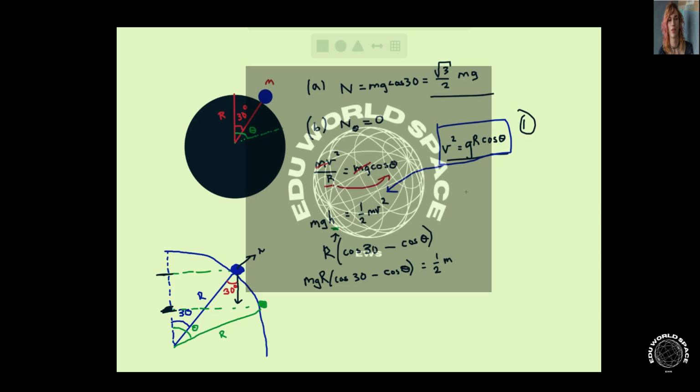So it's equal to a half m gr cos theta. We can then simplify this further by cancelling out the m's and say that gr (cos 30 minus cos theta) is equal to 1/2 gr cos theta.